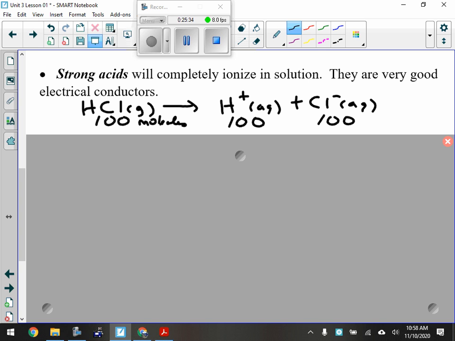In other words, those 100 will completely convert into H plus and Cl minus. And then technically, when I put these 100 in, I would get 100 of those and 100 of those, and I'd have none of those left.